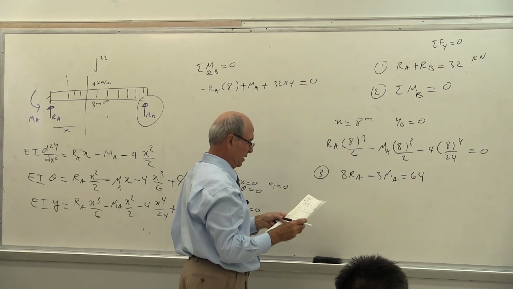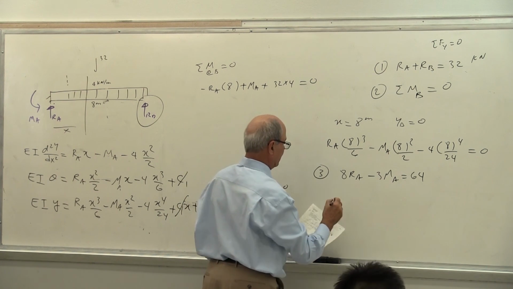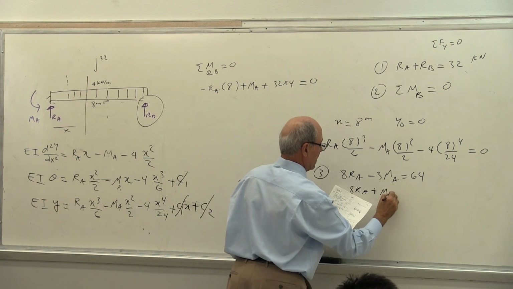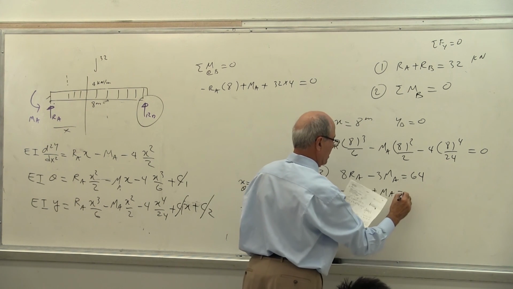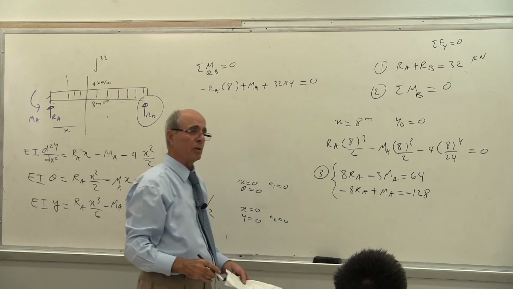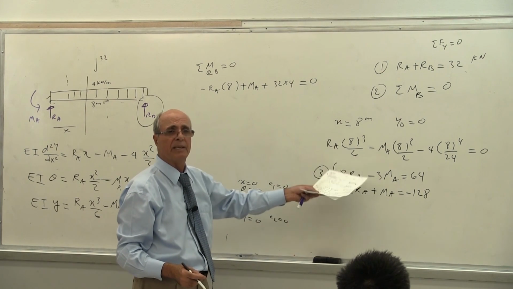When you simplify that one, that ends up being minus 8 RA plus MA equal to minus 128. Notice it is very simple. This was a quiz, so I made it very simple for the students. All you have to do is add these two together, yes or no?